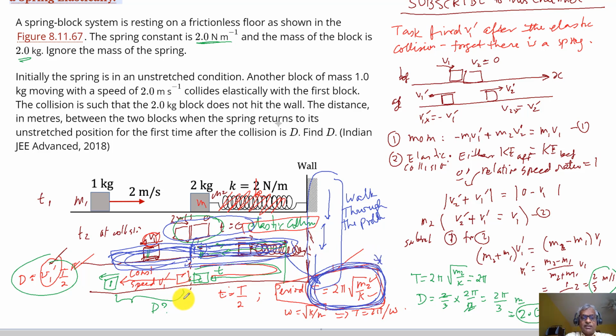And then the last was that after the collision, this thing is moving uniformly. So after the collision, a uniform motion, because unlike this is attached and subject to some force, block 1 was free to move.